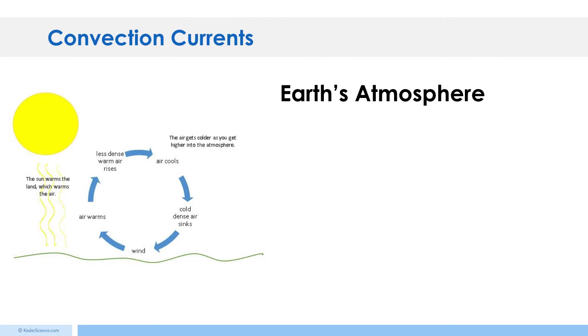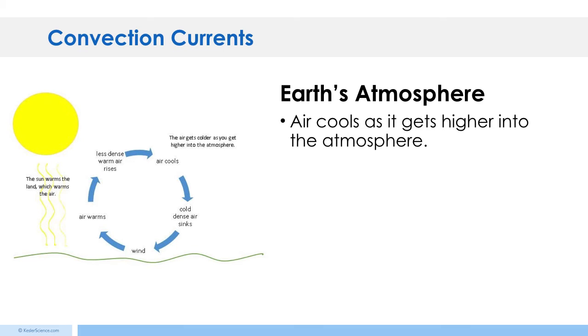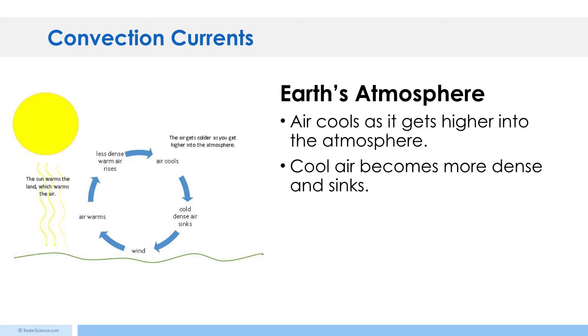This graphic here just shows you've got cooler air sinking down, causing surface winds. Air starts to warm up from the heat coming off of the land. The warm air rises because it's less dense and it cools off, and the circle repeats itself.